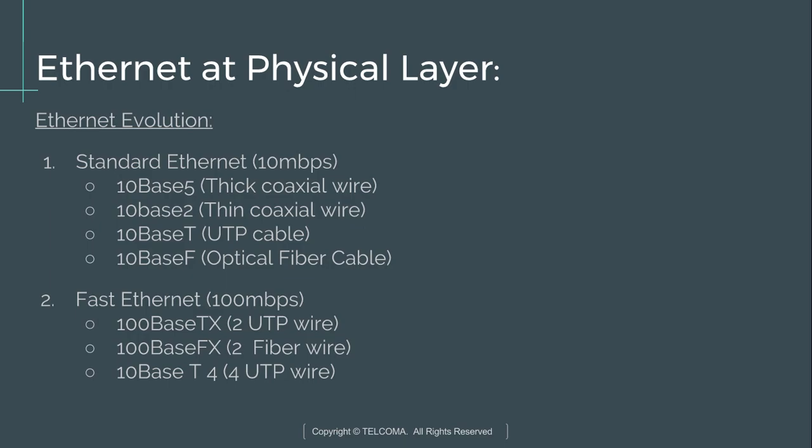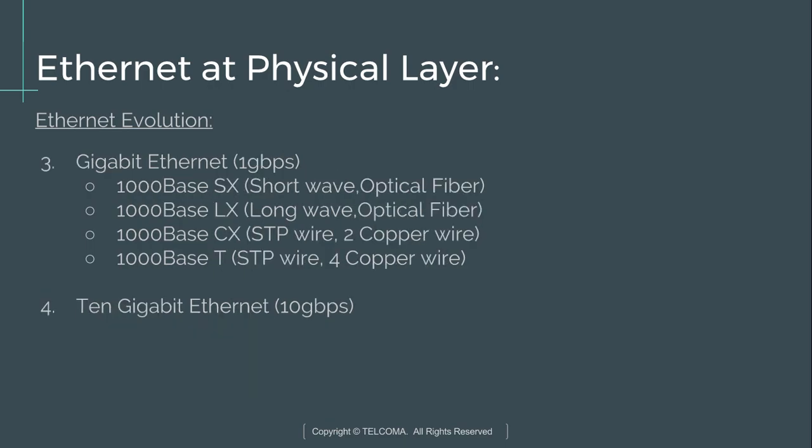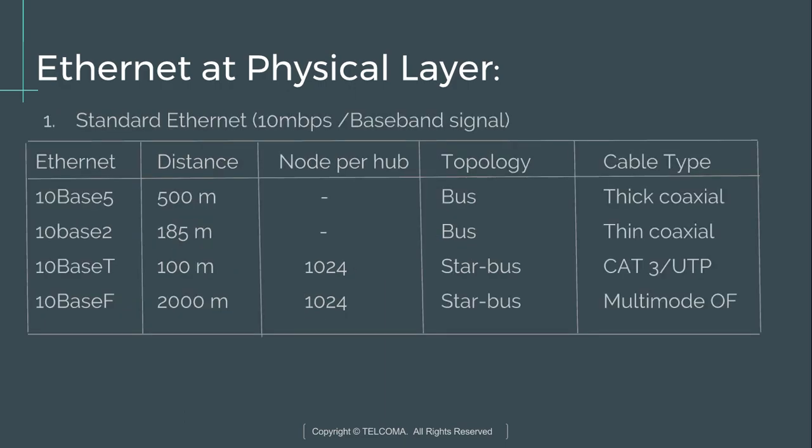The types of fast Ethernet are 100 base TX, 100 base FX and 100 base T4. The next evolution is gigabit Ethernet, having a speed of 1 gigabit per second, and its types are 1000 base SX, 1000 base LX, 1000 base CX and 1000 base T. And the new evolution is 10 gigabit Ethernet, having a speed of 10 gigabits per second. So this is a new technology of Ethernet.